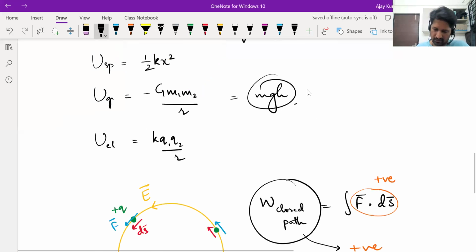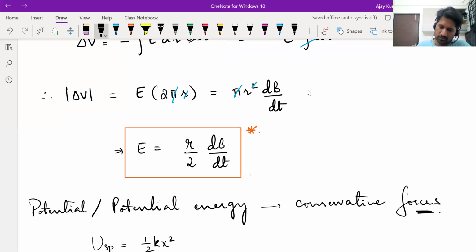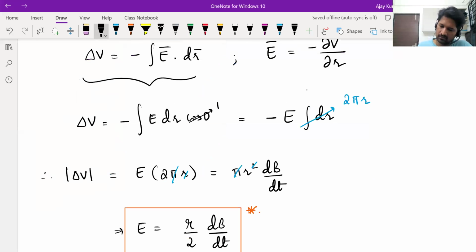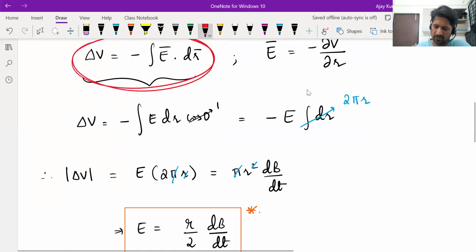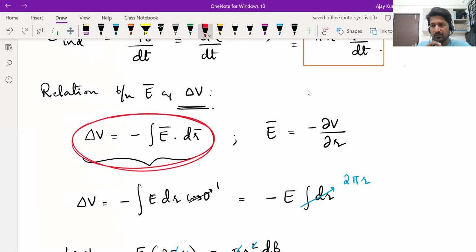So you should actually not use this equation to relate induced EMF and induced electric field. EMF is potential difference, but you can't use this formula to relate it to the electric field.